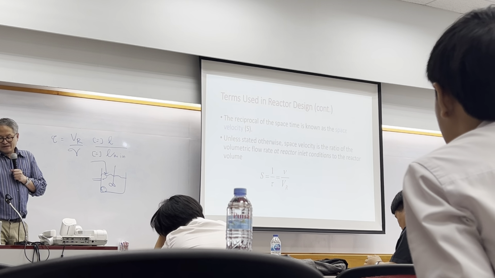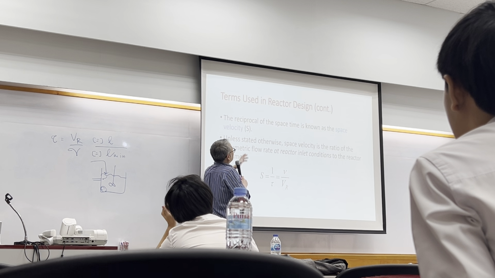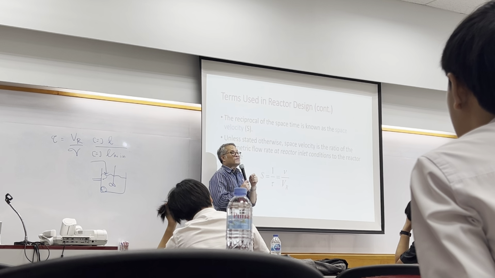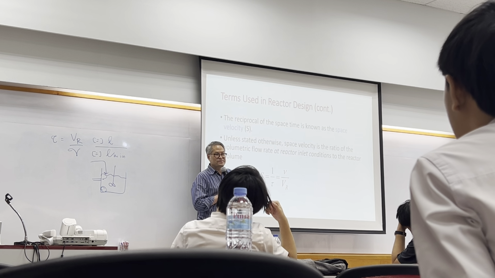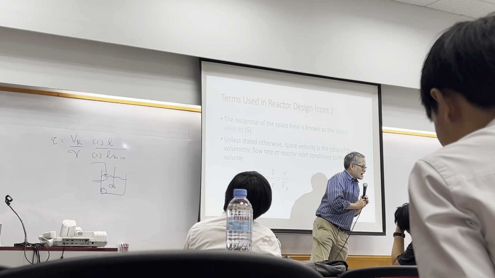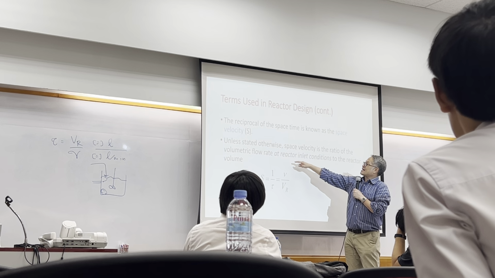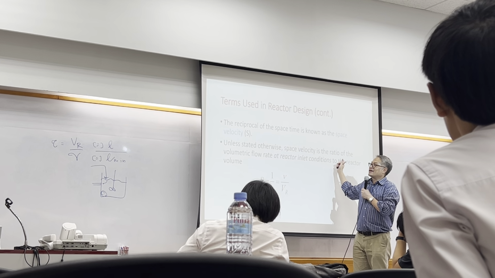Then the second term is space velocity. Space velocity is simply the reciprocal of space-time. Unless stated otherwise, the space velocity is the ratio of the volumetric flow rate at the inlet condition divided by the volume.